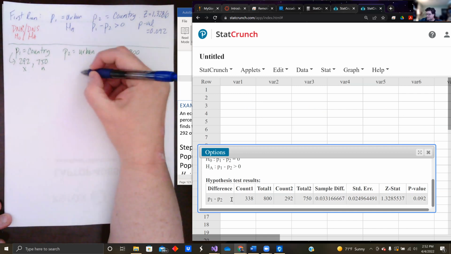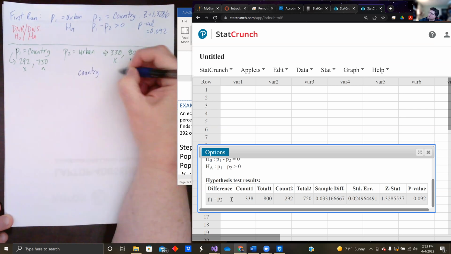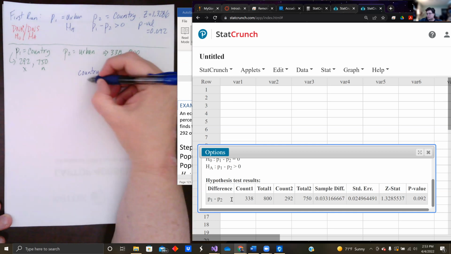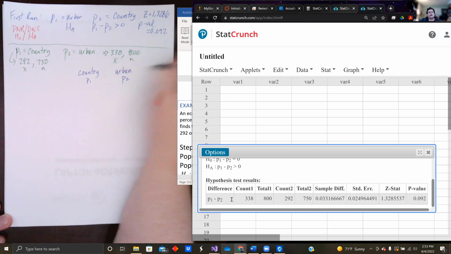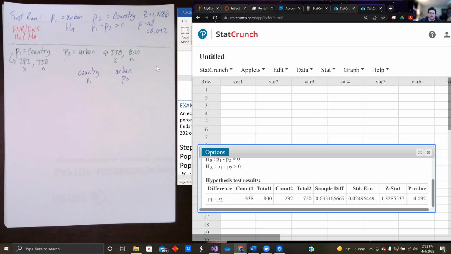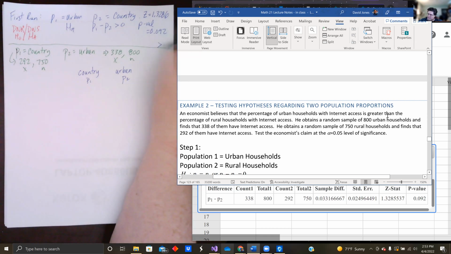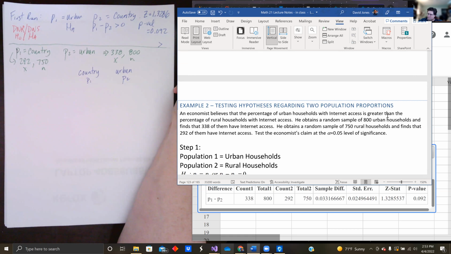So I kind of have to write country first, urban second, to go with P1 and P2. And now when we're looking at greater, well, the greater symbol is this, but that doesn't apply here. It's not correct.